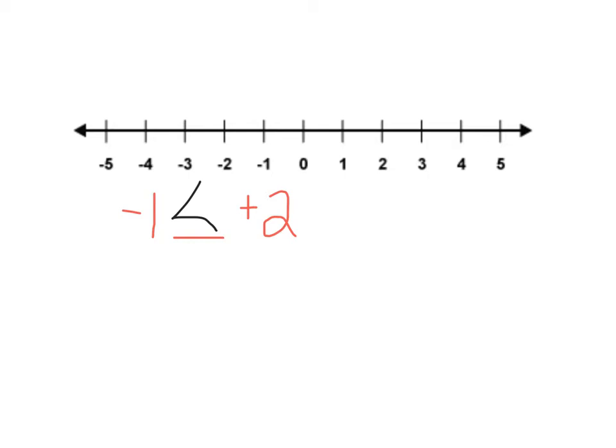So the opposite of that is also true. Any number that's on the right is greater than any number on the left.